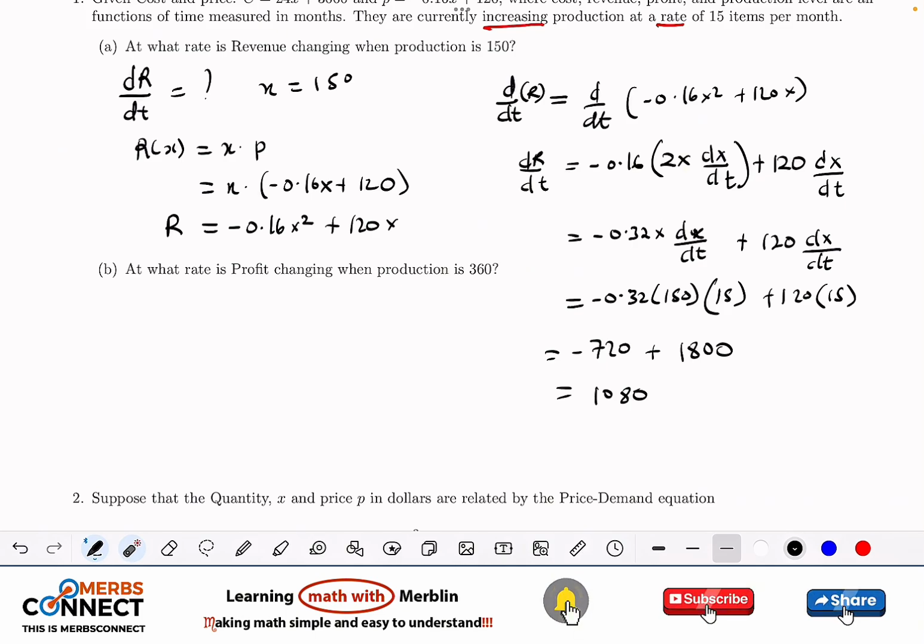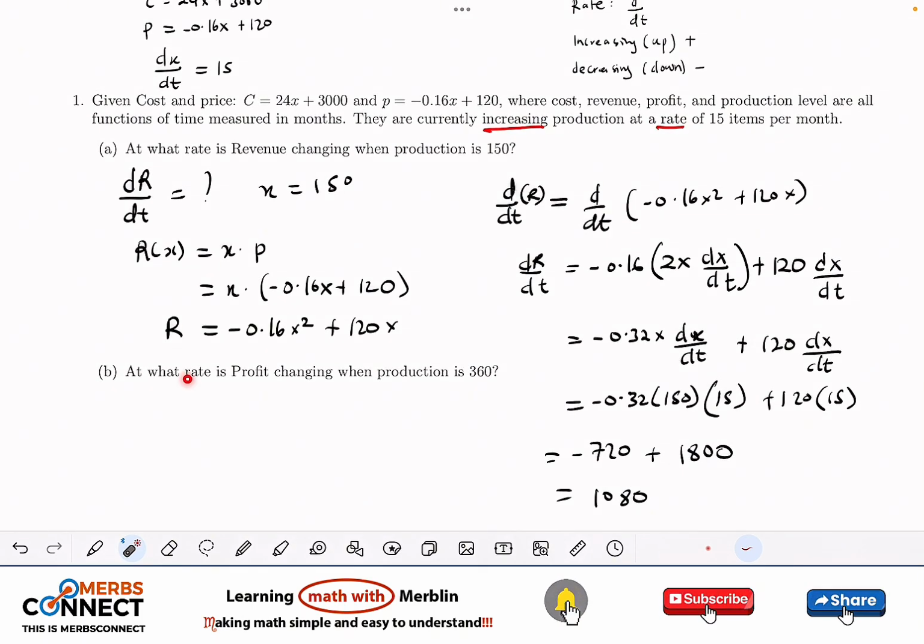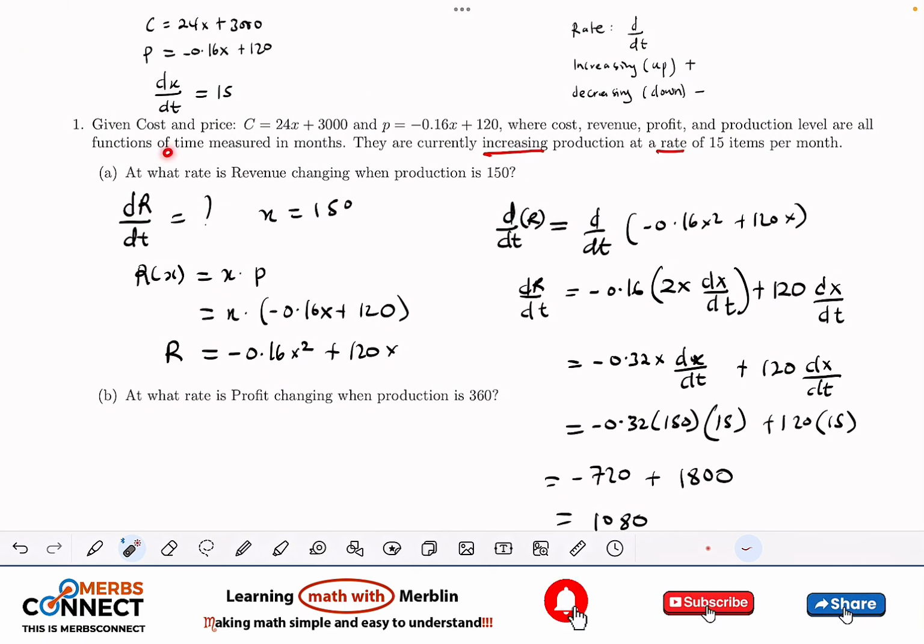All right. So now the next question here is, at what rate? So as soon as I see rate, since here is with respect to time, okay, I'm thinking of something like d over dt, but I need to multiply it by something. What am I going to multiply it by? Profit changing. So here we are looking for dP over dt if we are assuming that profit is equal to P. So this is what we are looking for.